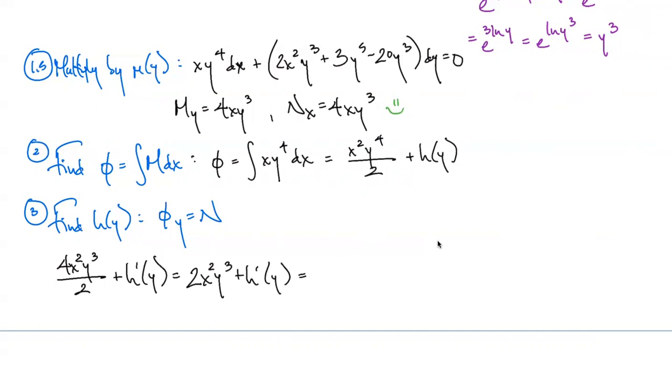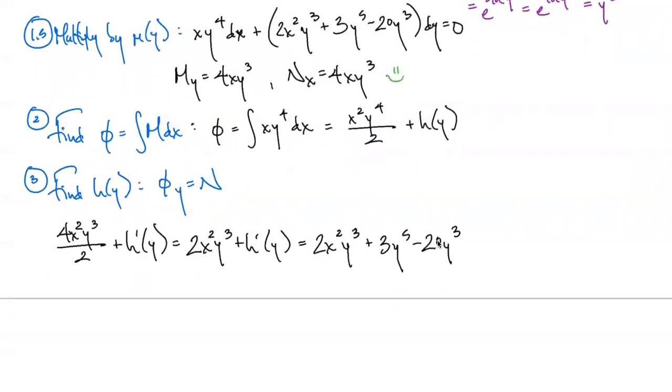And this is going to equal the N in my newly exact equation, 2x squared y cubed plus 3y to the 5th minus 20y cubed. All right, let's see what cancels out. Turns out these first two terms cancel out.